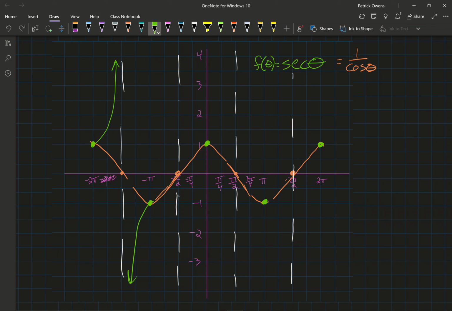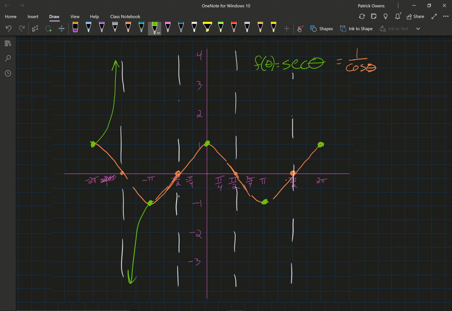We're just not going to get it as accurate as we need to, so this is a good enough approximation. So what we can do is, if you would like, you can go through and get rid of your cosine function, and then there is your secant function. It's a series of parabolas alternating between concave up and concave down.